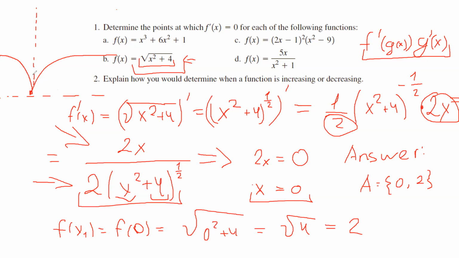Is the answer for the point 0 and then plus or minus 2? I don't understand your question. Here, right here. Is this only 0 or is it plus or minus 2?